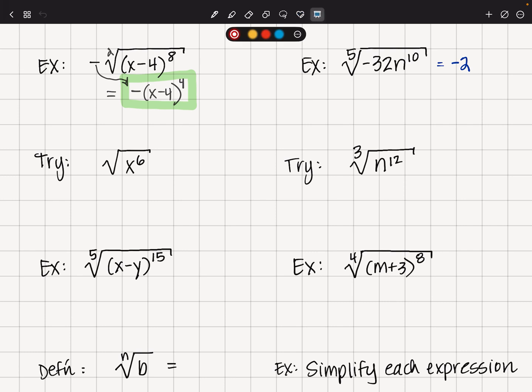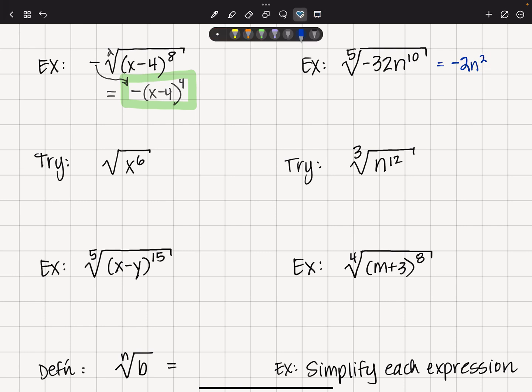And then how many groups of 5 n's would I have? Well, if I've got 10 altogether, I can group them into 2 groups of 5. So that would be n to the 2nd power. So 5 goes into 10 twice.